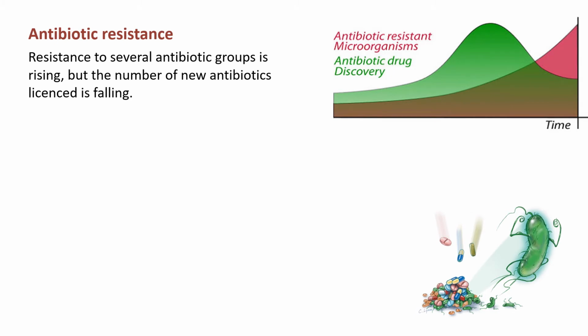We put lots of research in and we made lots of new antibiotics. Well, that will keep us going forever. The problem is that we're not finding new antibiotics, but meanwhile, the pathogens are increasing their resistance by mutating, by various other mechanisms to those antibiotics.